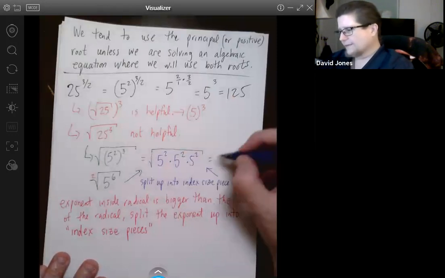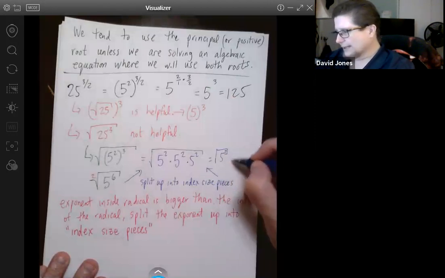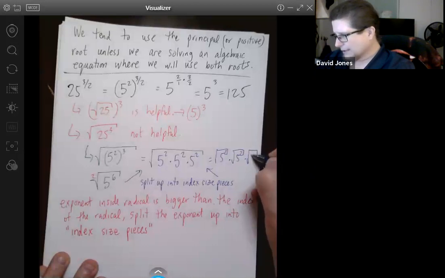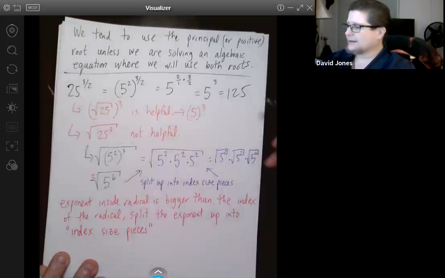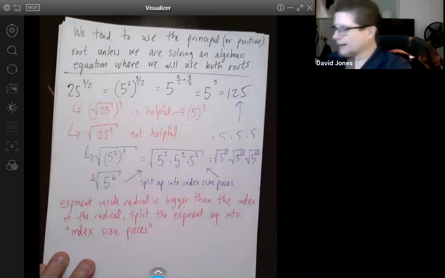And each one of these I can write as 5 squared, which equals 5 times 5 times 5, and we get our 125.